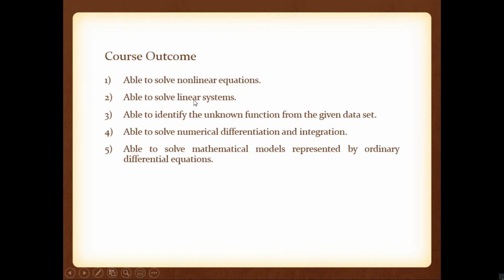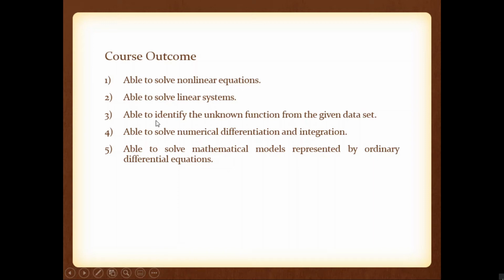So a linear system is a system which has a number of linear equations. If a system consists of at least one nonlinear equation, it is known as a nonlinear system. So here we are not discussing the solution of nonlinear systems. We are only discussing the solution of linear systems. So that is the second course outcome.